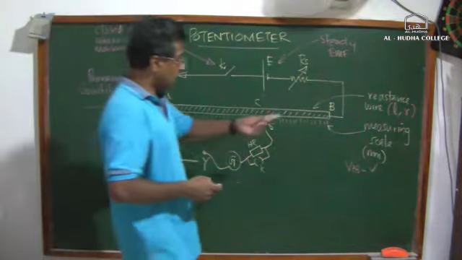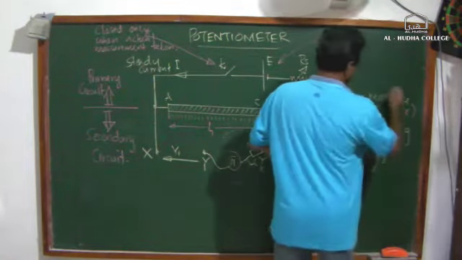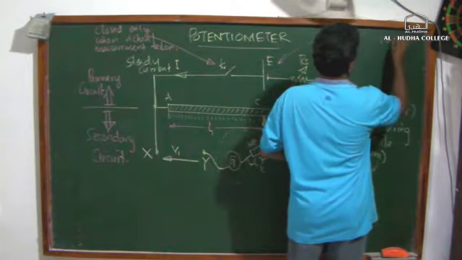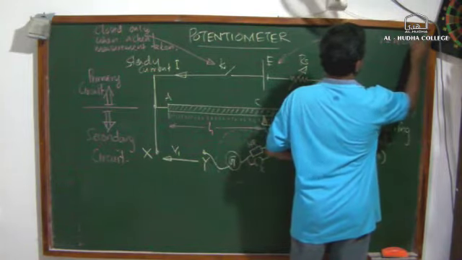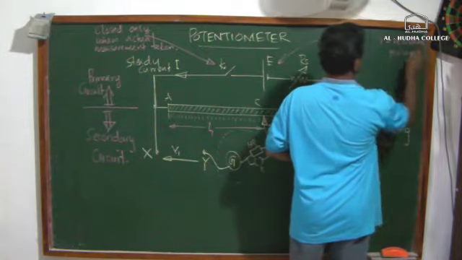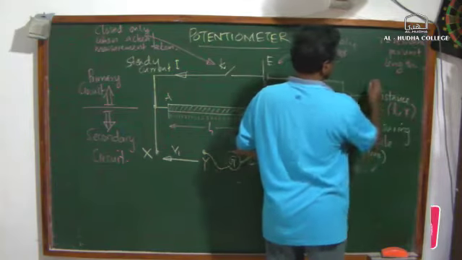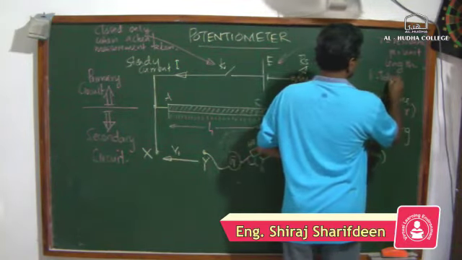Now R is the resistance per unit length, and L is the total length.